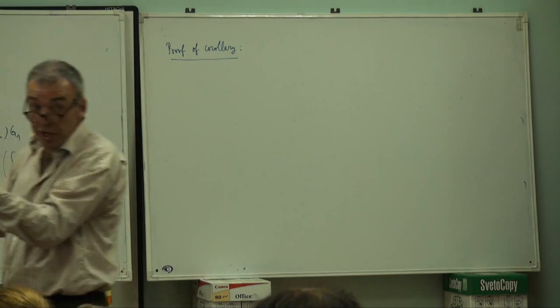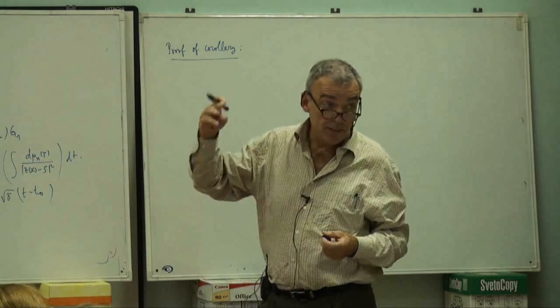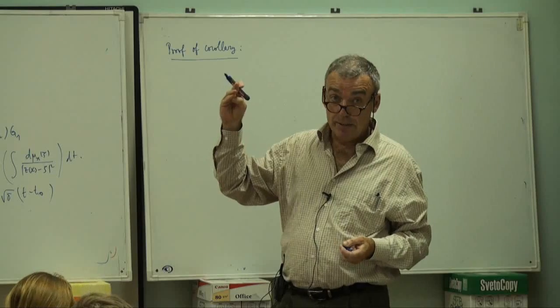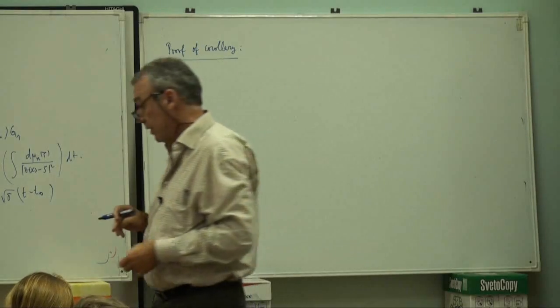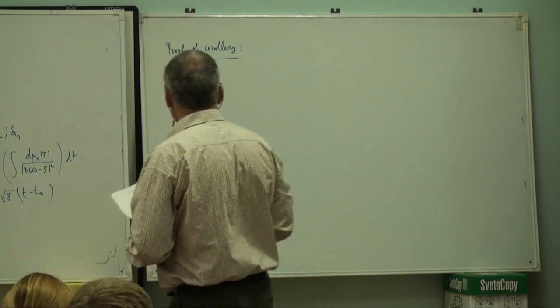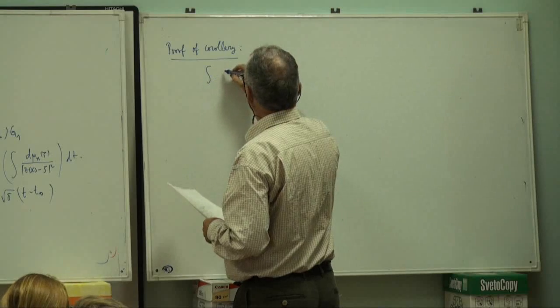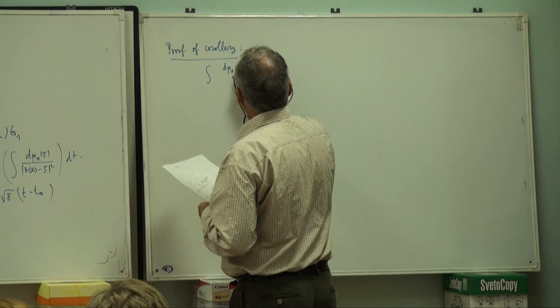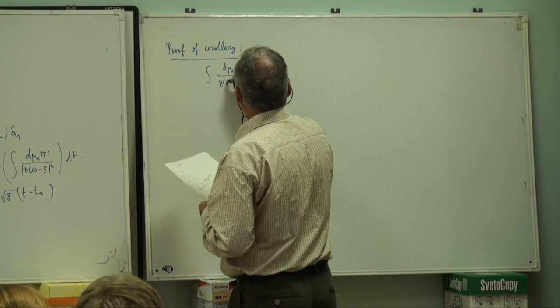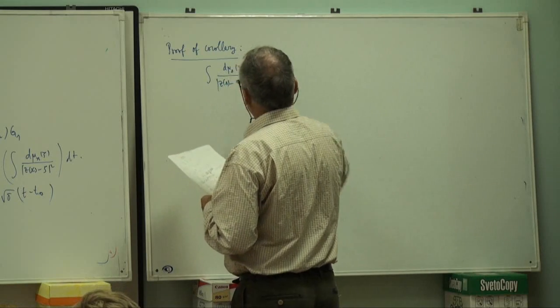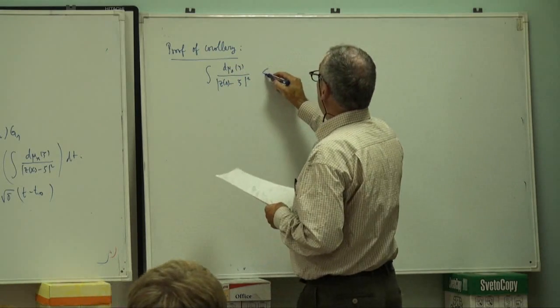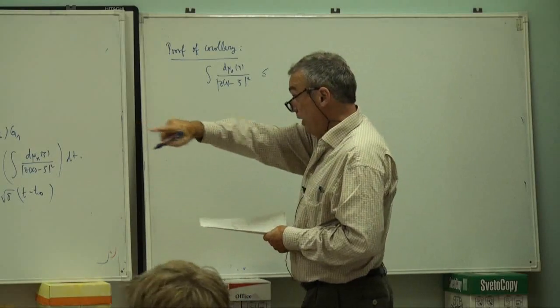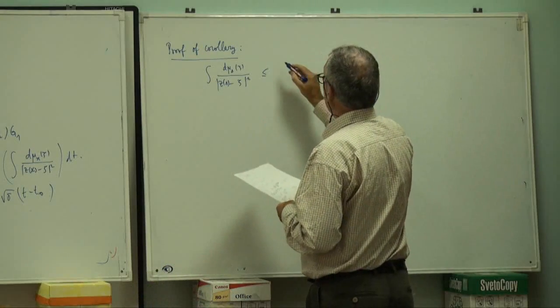So we just need to change the estimate of the main lemma, this integral of d mu x of zeta divided by z of x minus zeta squared. So what we get here is the integral of d mu s of zeta divided by z of s minus zeta squared.